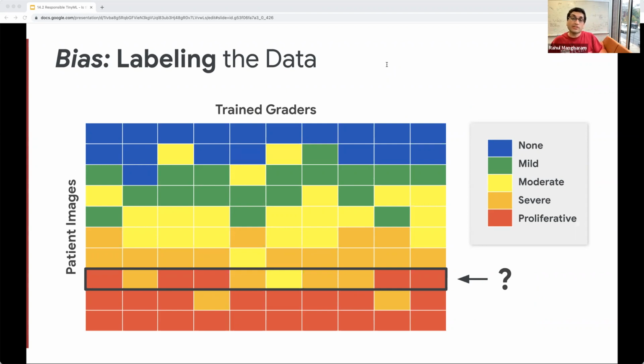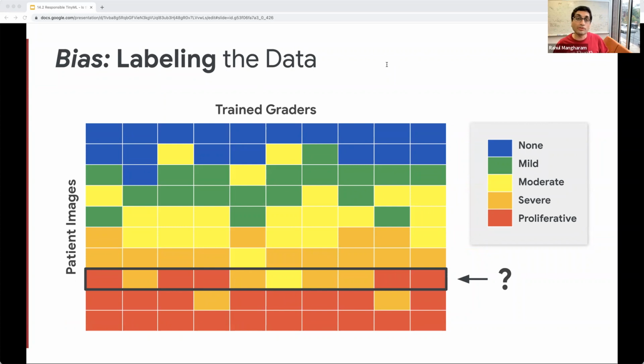Even experts differ in their opinion on medical diagnostics, so we need to take their confidence or lack of confidence into account. While the two extremes of these examples might show a clear pattern, if we look at this graph over here, we'll see that there's a disagreement among the experts on which label best applies to this particular image. In which case, we have to make a controversial decision on how to label these images and to train our model moving forward.